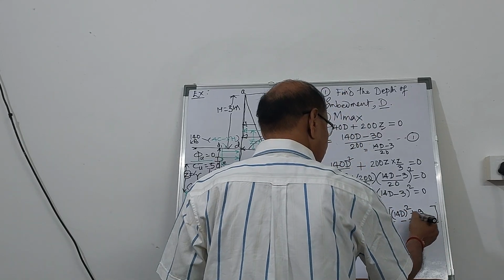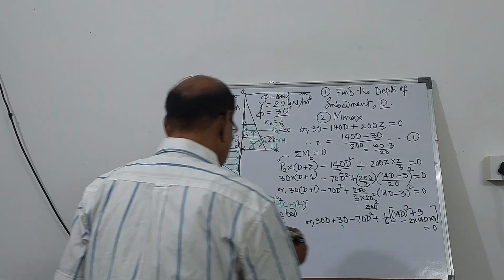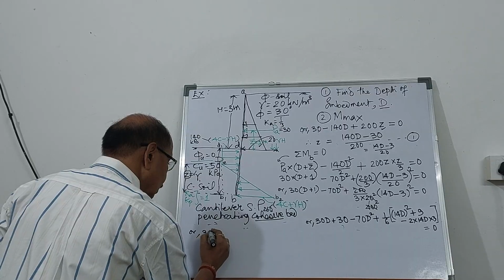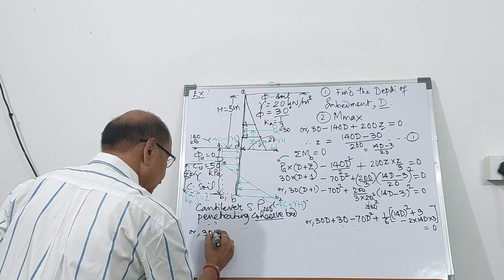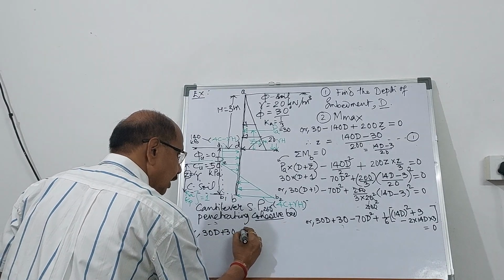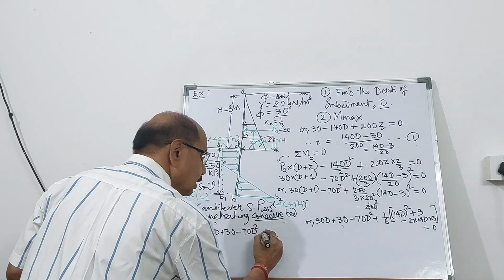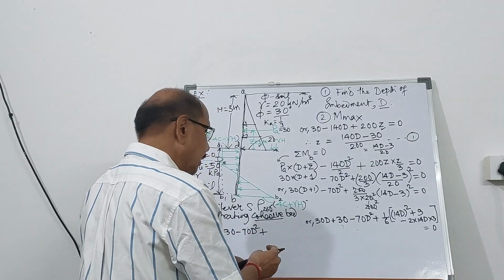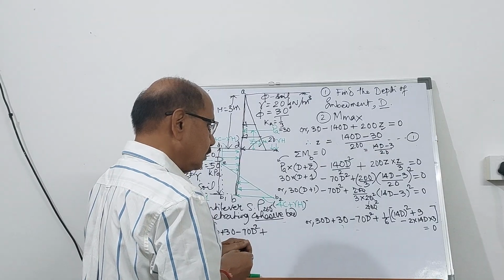A square plus b square minus 2ab. Or 30d plus 30 minus 70 d square, plus, let us simplify this one.